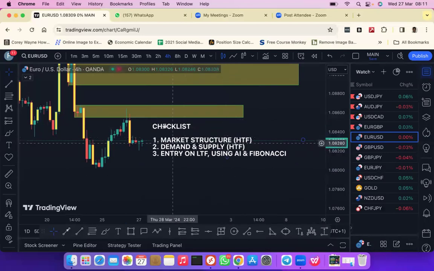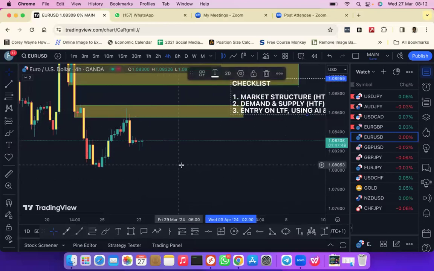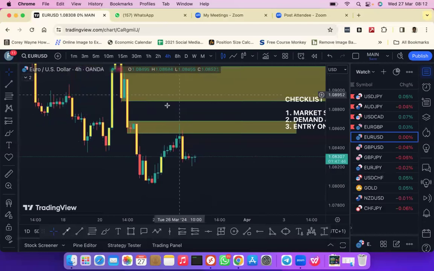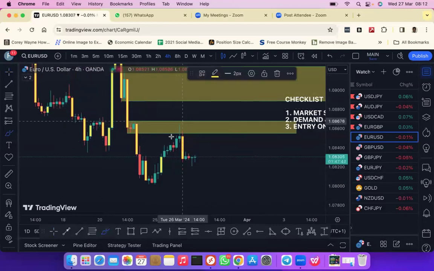Based on EURUSD, step one and step two are already figured out. Now step three is the entry on the lower time frame using the AI and Fibonacci. This is the 4-hour time frame. I'm trying to let you understand what happened here so you can know what caused this drop.